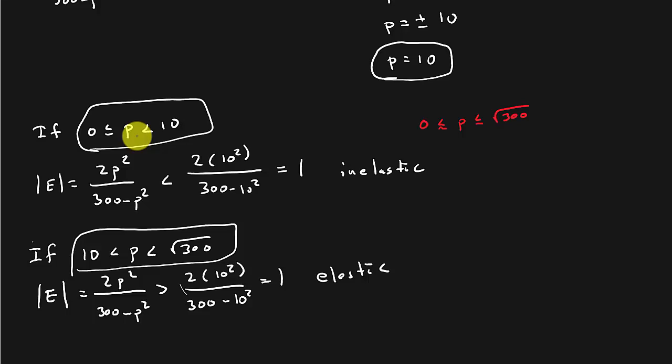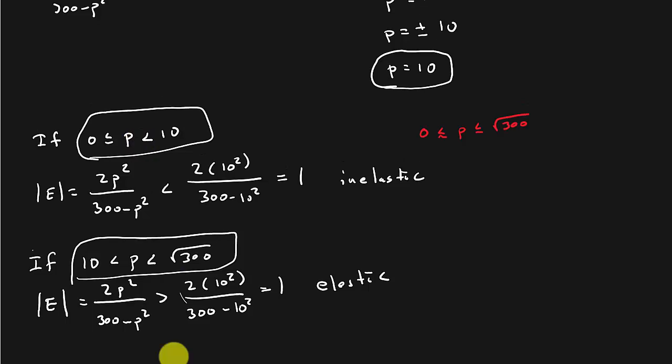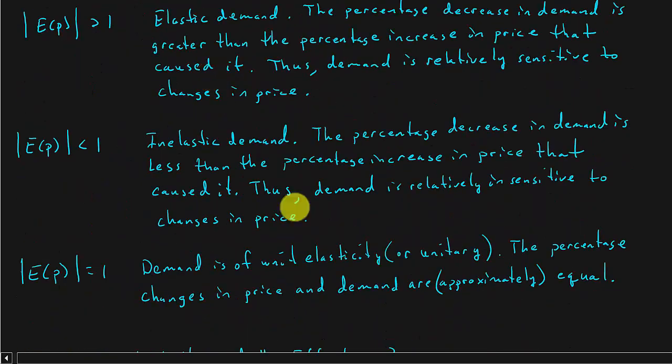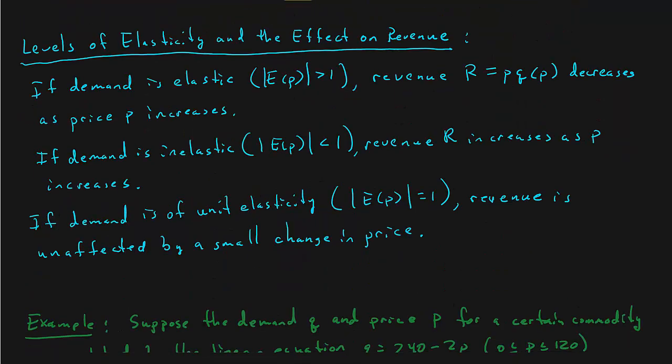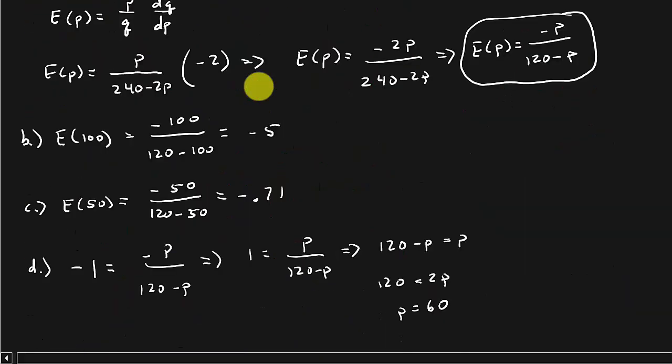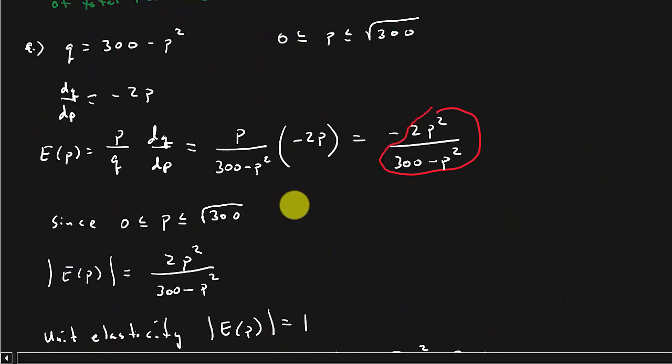So if the bookstore increases the price beyond $10 per copy, it will lose revenue. And so the optimal price per copy would be $10. And that right there, what I explained, goes back up here to this. So there you saw it applied.